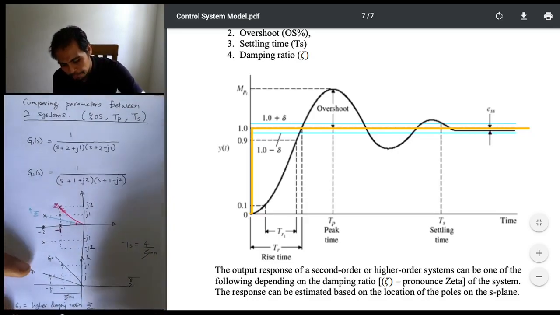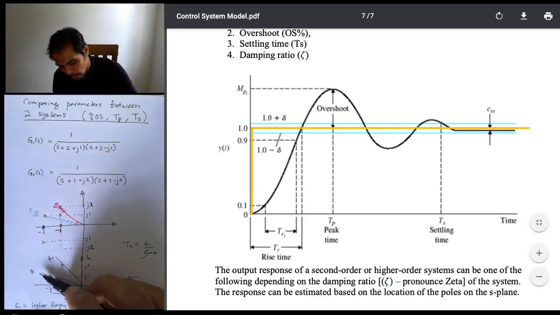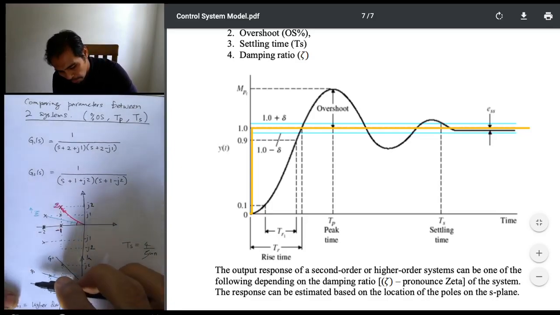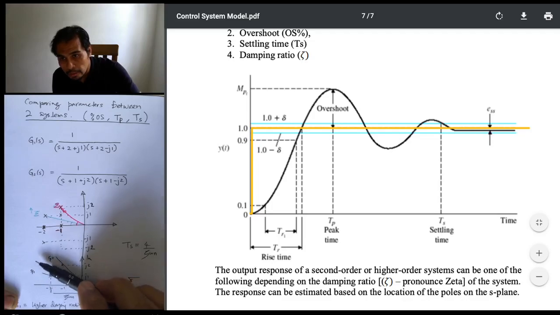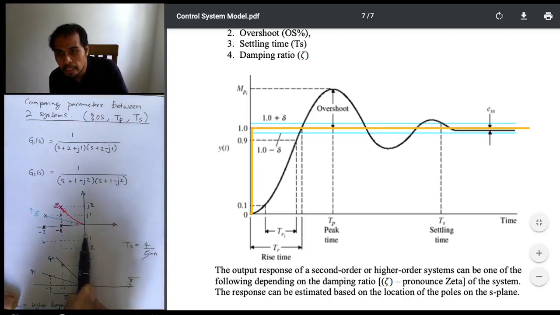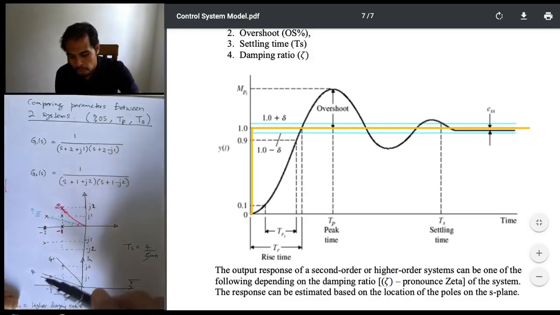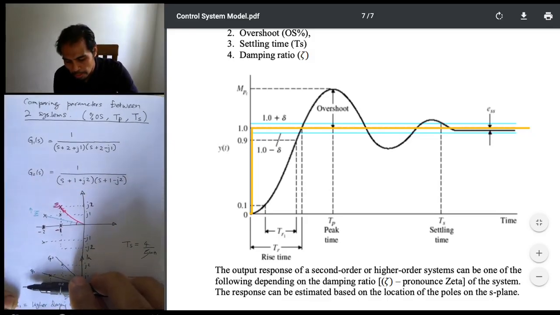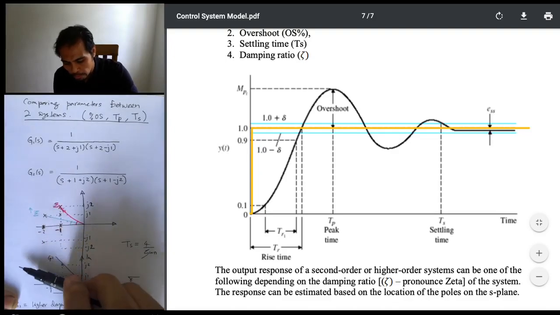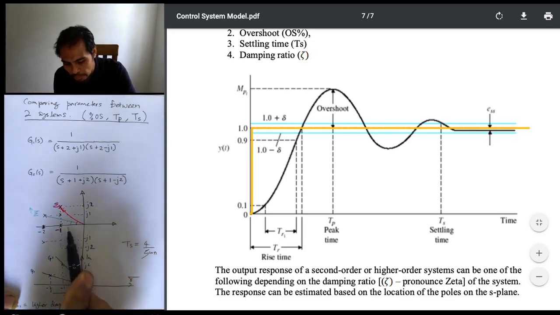And then overshoot. We know that overdamped has 0 overshoot. As the system moves towards undamped, it is going to have higher overshoot, maximum overshoot. So the overshoot increases with the increase of the angle, or the decrease of the damping ratio.